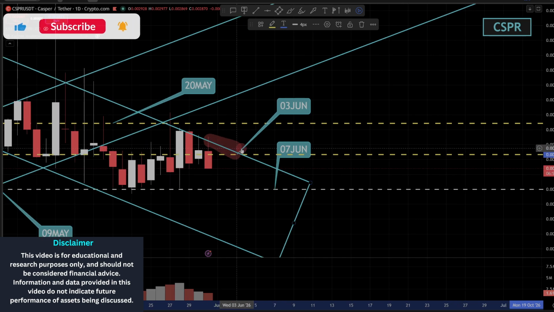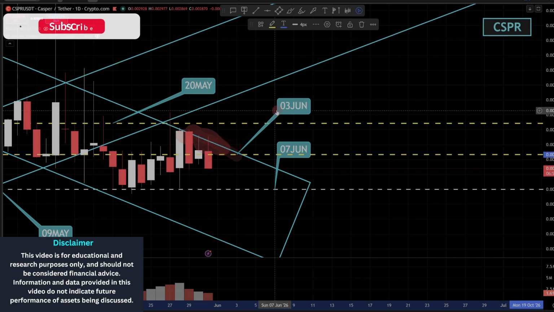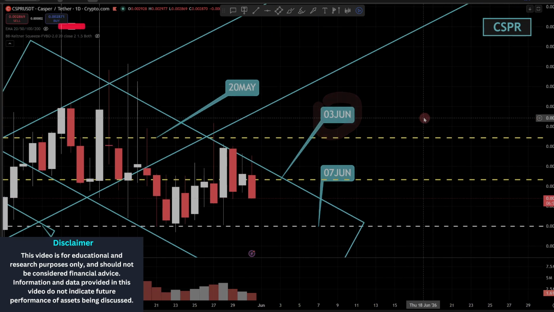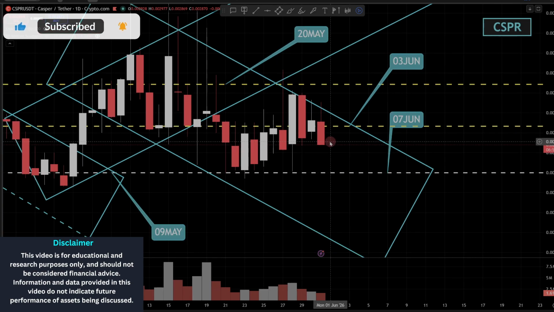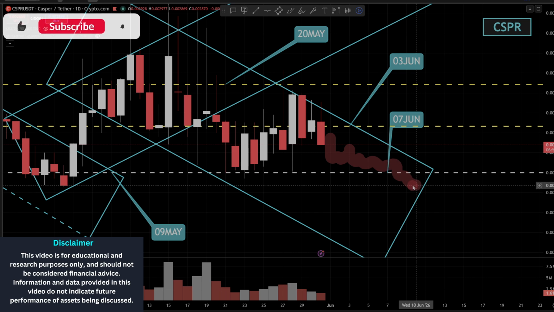So if the bulls continue to push above this 0.0029, but it gets rejected around the ceiling like it did over the past 4 days, then when we get closer to June 3rd, the two C's event happens again. The first C is continuation, continuation with this downtrend.